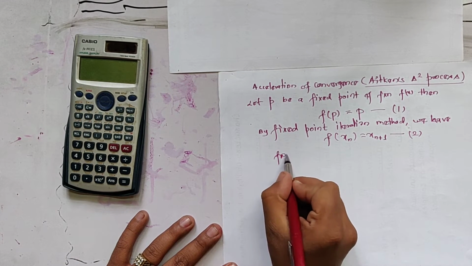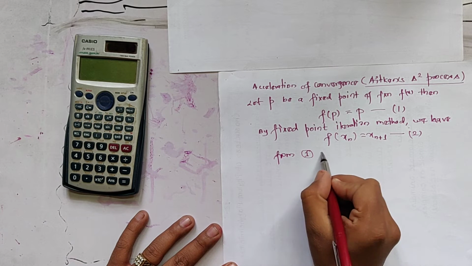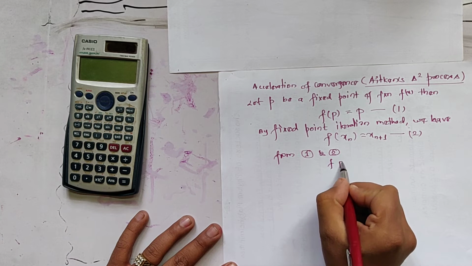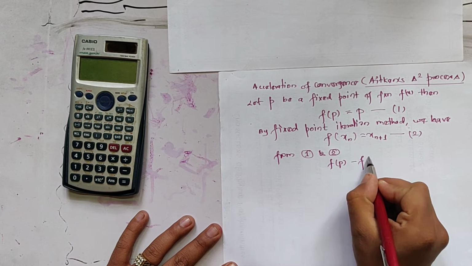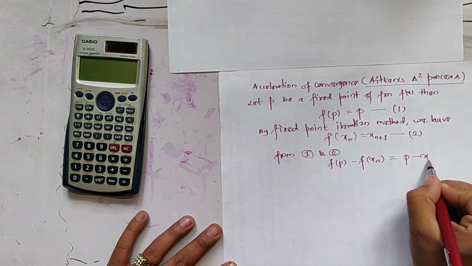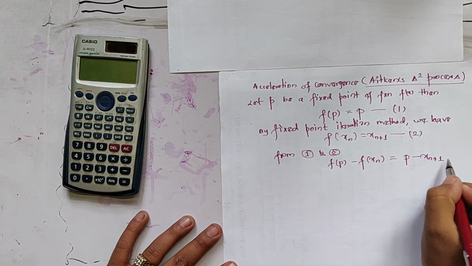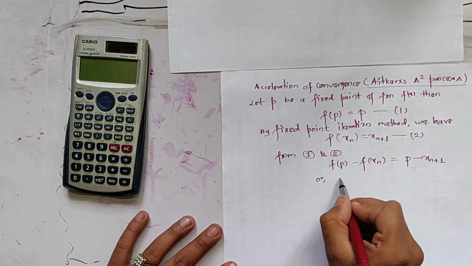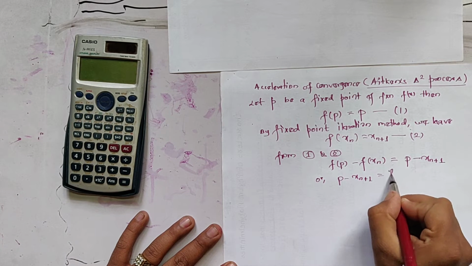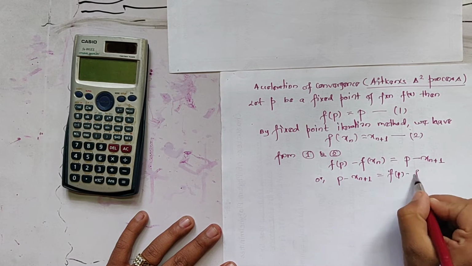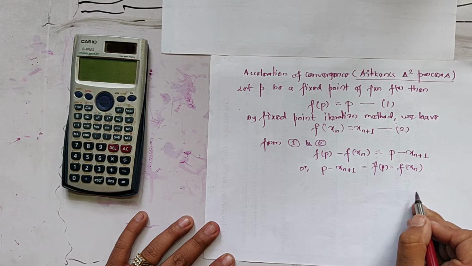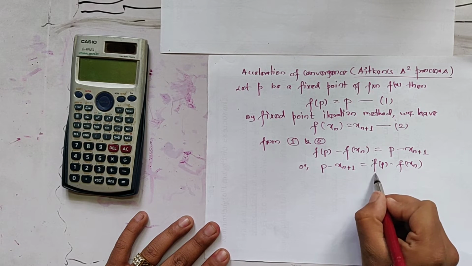Now from 1 and 2, we can get f(p) minus f(xn) is equal to p minus xn plus 1. That is, p minus xn plus 1 is equal to f(p) minus f(xn), changing the side only. So we use Lagrange mean value theorem for this purpose.